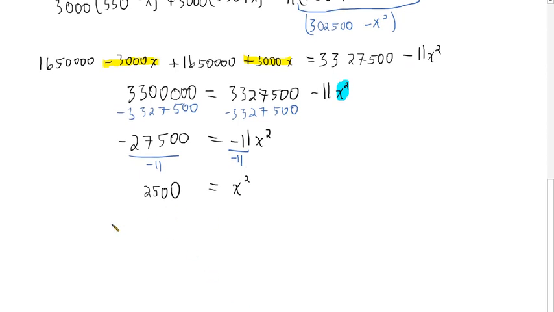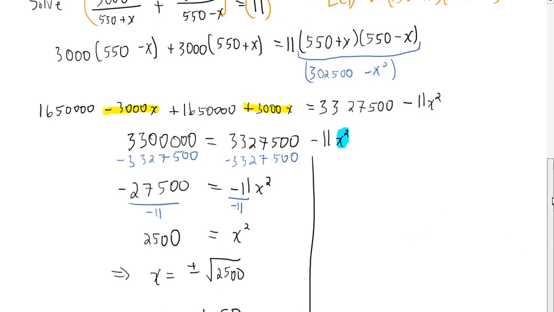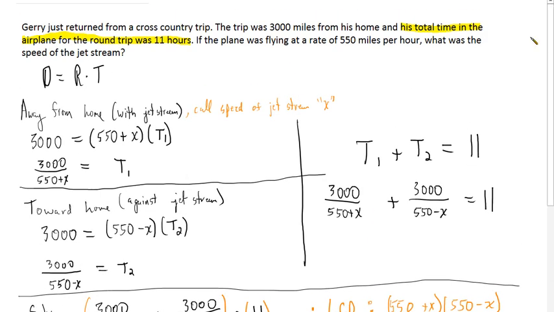Applying the square root property, x would equal the positive or negative square root of 2,500. Doing that in the background, I find that x is positive or negative 50. So then my answer was, and let's remember, what was the original question? What was the speed of the jet stream?